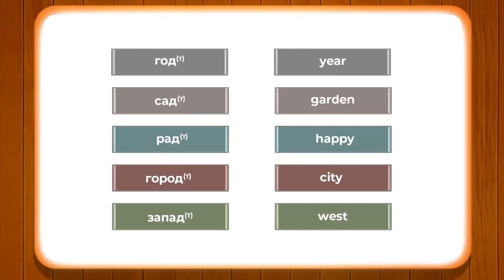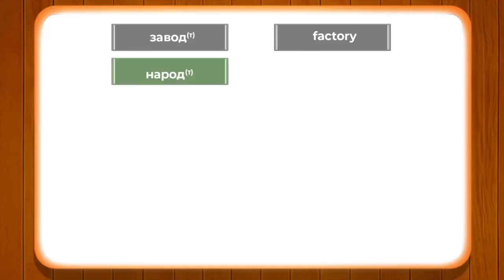All right. Here we have a few more such examples of voicing and devoicing. In the first example, zavod, de is changing into te. Zavod means factory. Then again de is changing into te in narod, which means people.